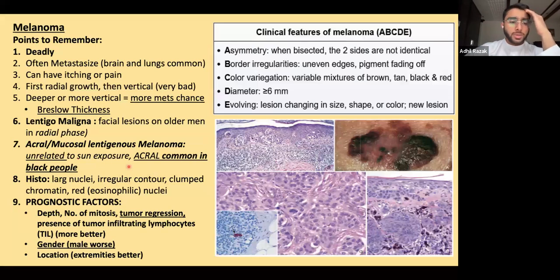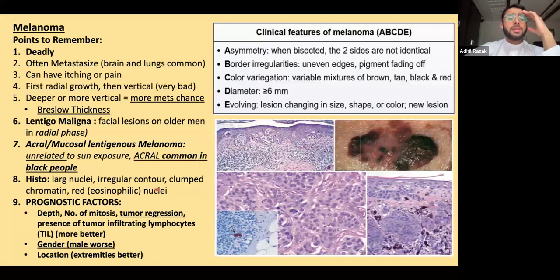And it is unrelated to sun exposure. And yeah, I think you might have a question on this, because I remember having a question on this, and this condition is, if I remember right, better described in your clinical lectures. Acral mucosal lentiginous melanoma, related to Black people.